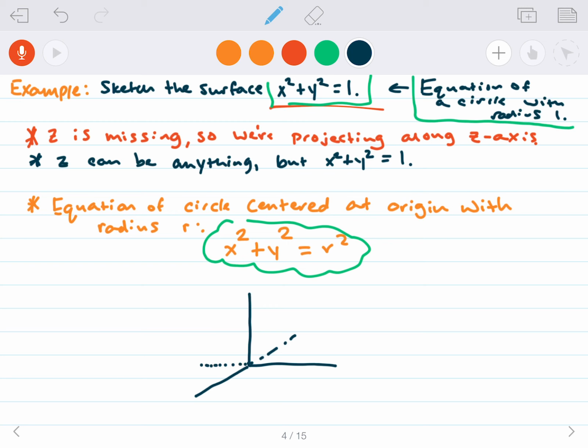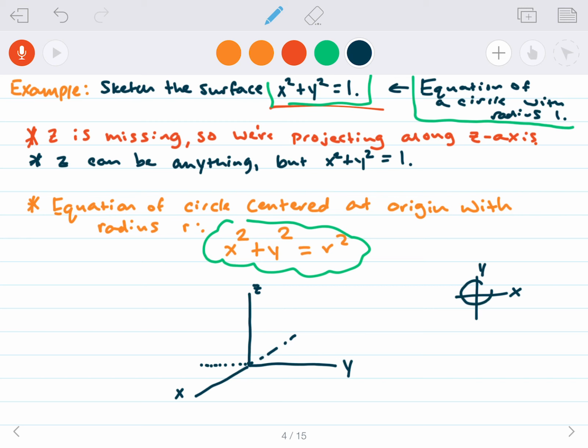So here is our z-axis, our x, and our y. And if we start at 0, right? If we start at z equals 0, z can be anything but x squared plus y squared equals 1. Well, how do we draw x squared plus y squared equals 1 in the xy plane?